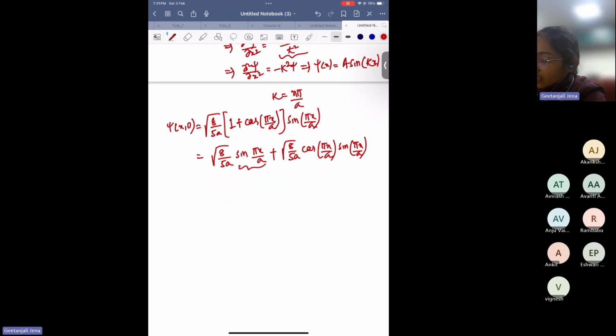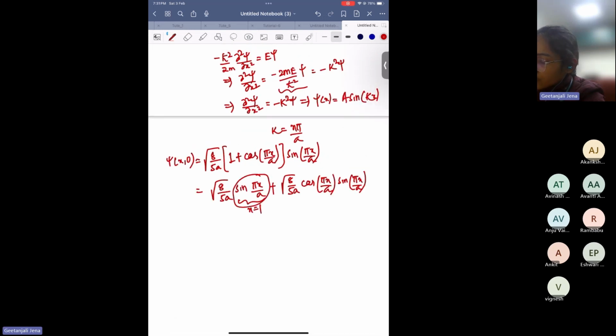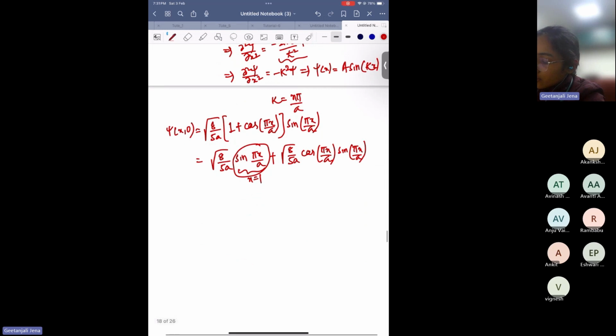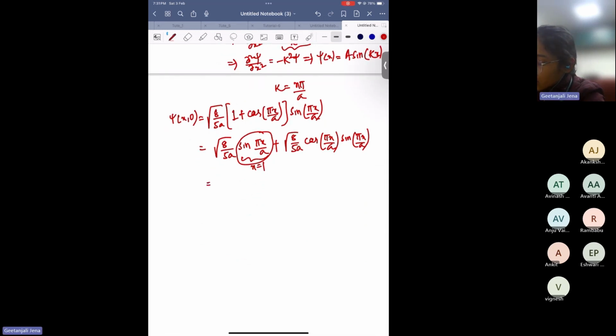Now if you look at this form and compare it with the normalized form, here n is 1. So this corresponds to the psi 1 state.